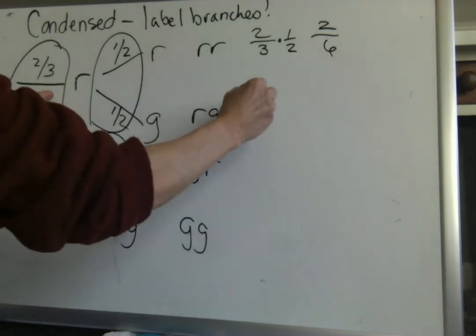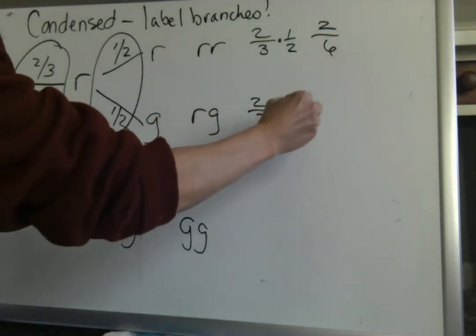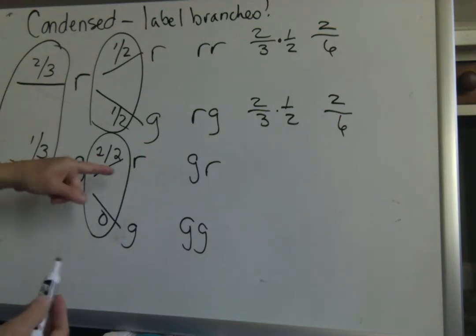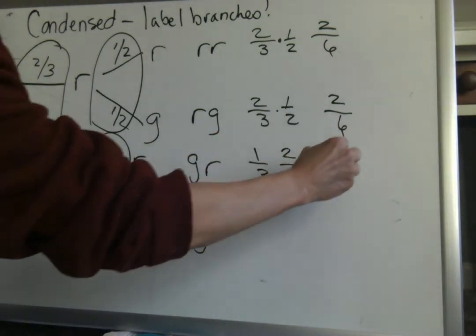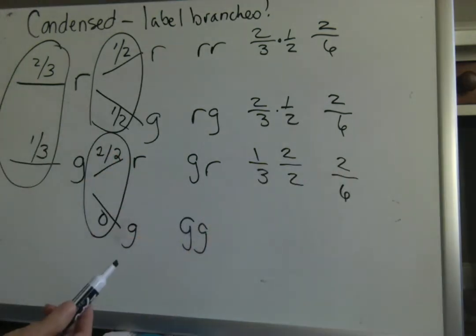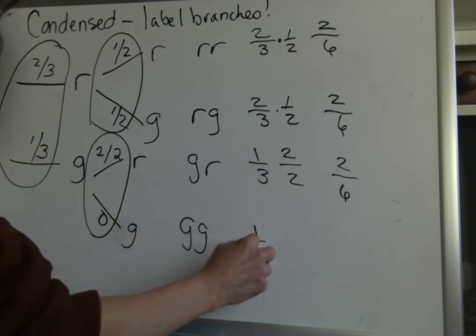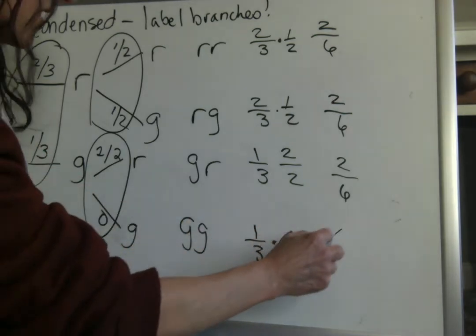This one is 2/3 times 1/2, another 2/6. This is 1/3 times 2/2, another 2/6. And this is, of course, 1/3 times 0, which is 0.